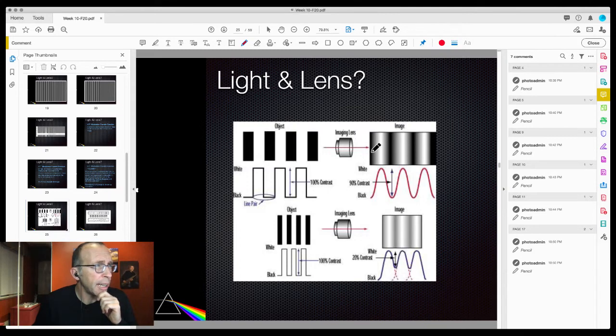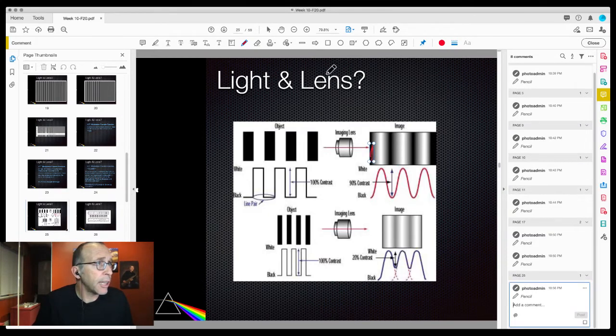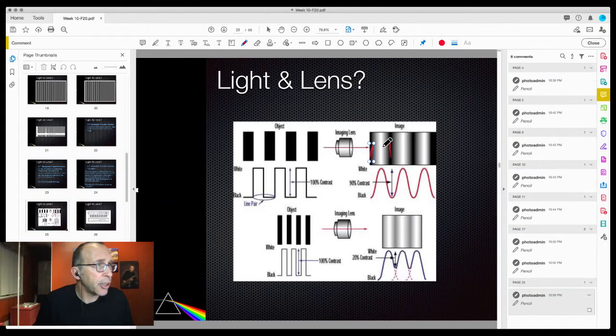Instead, you're going to get black, then white in the middle. But right in between those, you get a transition from black to white, represented by this slope on our little graph. So we don't have the hard edges that we have over here.